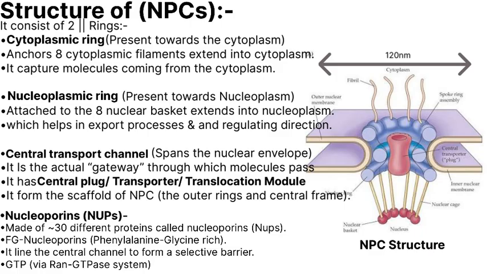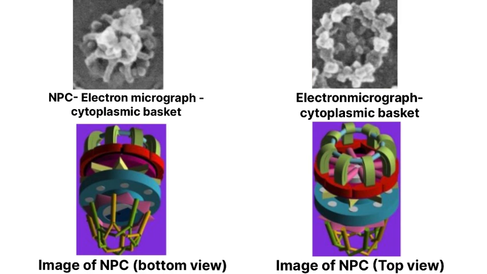All these three rings are parallel with each other. You can also check out these NPC electron micrographs, the cytoplasmic basket structure from the top view and bottom view. These are clear images of the NPC. Both are 3D structural models, computer generated, to help visualize the structure of the NPC more clearly.